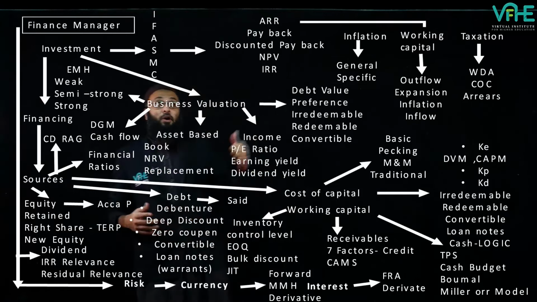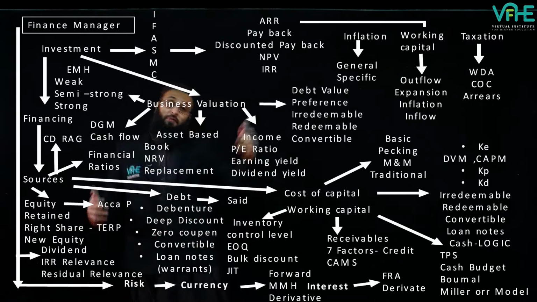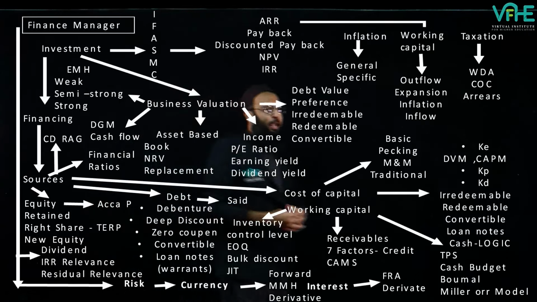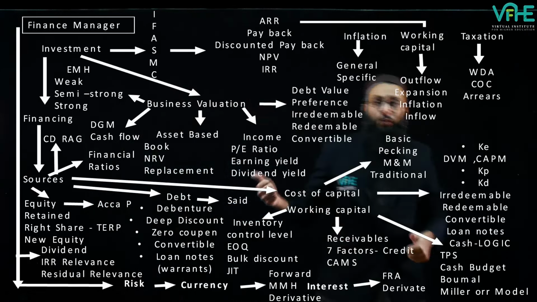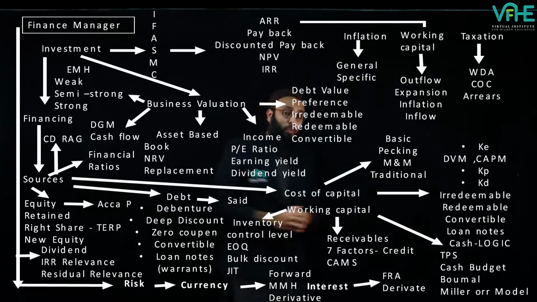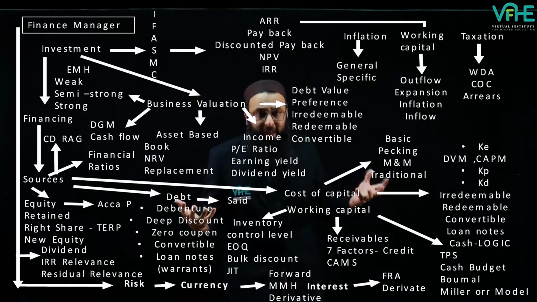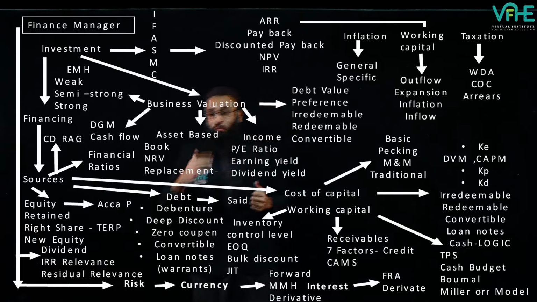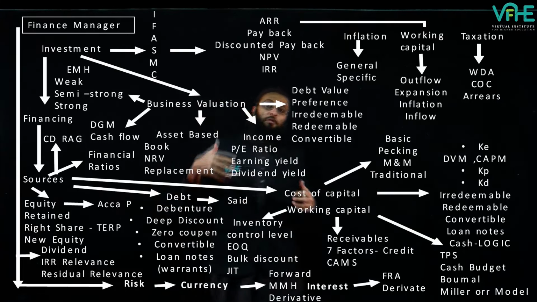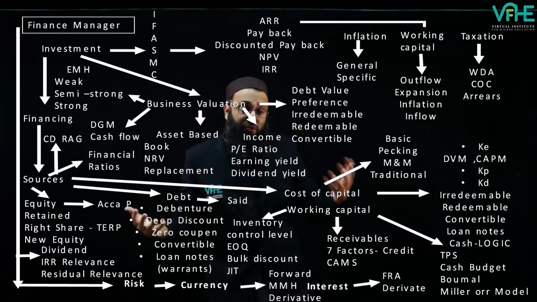There is options, currency options or interest rate options, and third is swaps, currency swaps or interest rate swaps. So futures is another derivative through which you can hedge yourself from the currency risk and interest rate.